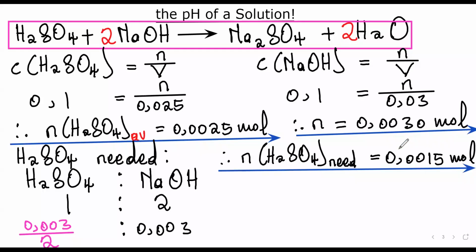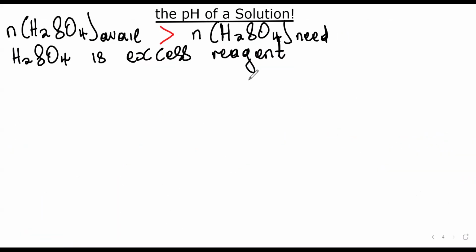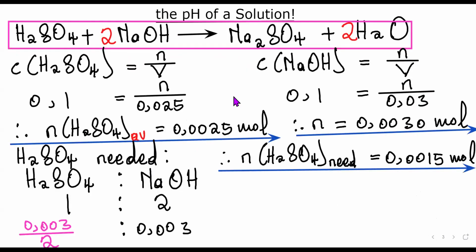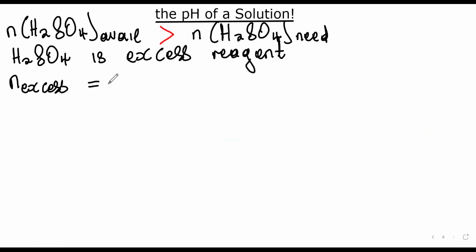So now we know the moles that are needed. We know those that are available. Then we can find the moles in excess. The moles in excess are equal to those that are available at the start minus those that reacted with sodium hydroxide.